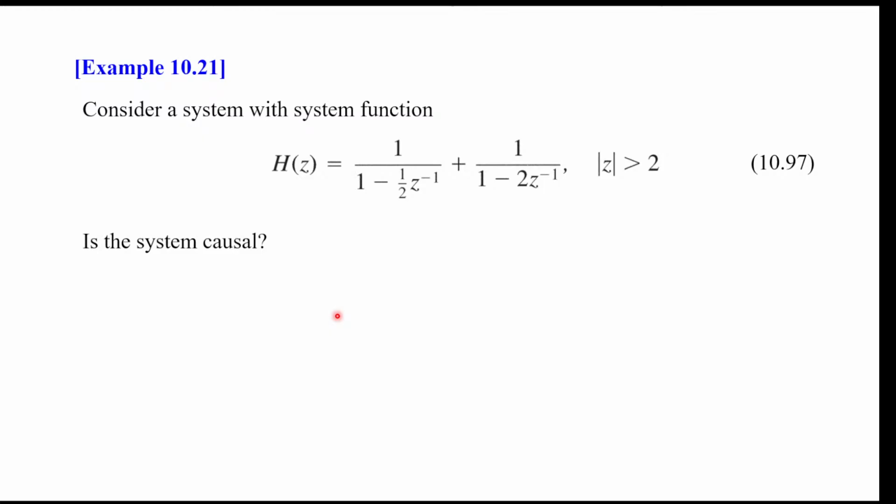Let's do a quick vote. Raise your hand if you think this is causal. Think a little, doing the calculation of what happens when z goes to infinity. Raise your hand if it is causal. Okay, some people. Raise your hand if it is not causal.